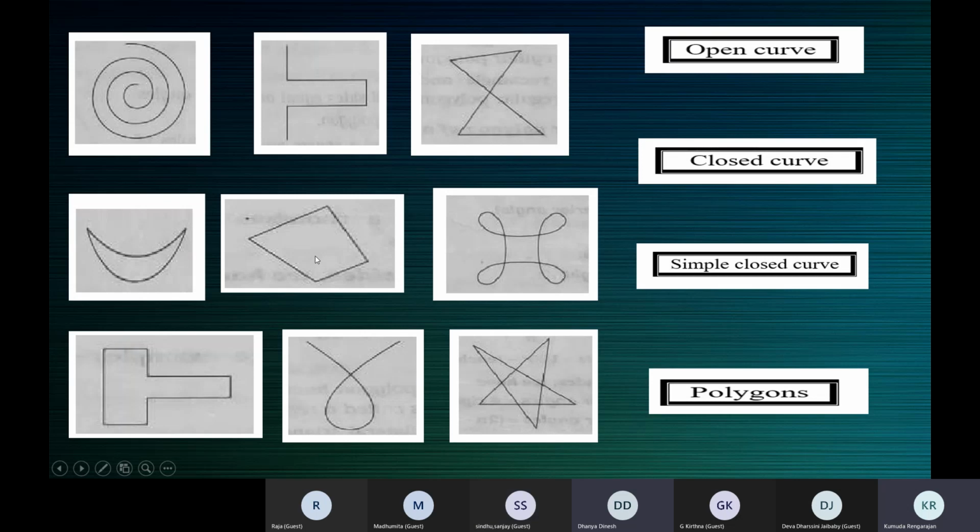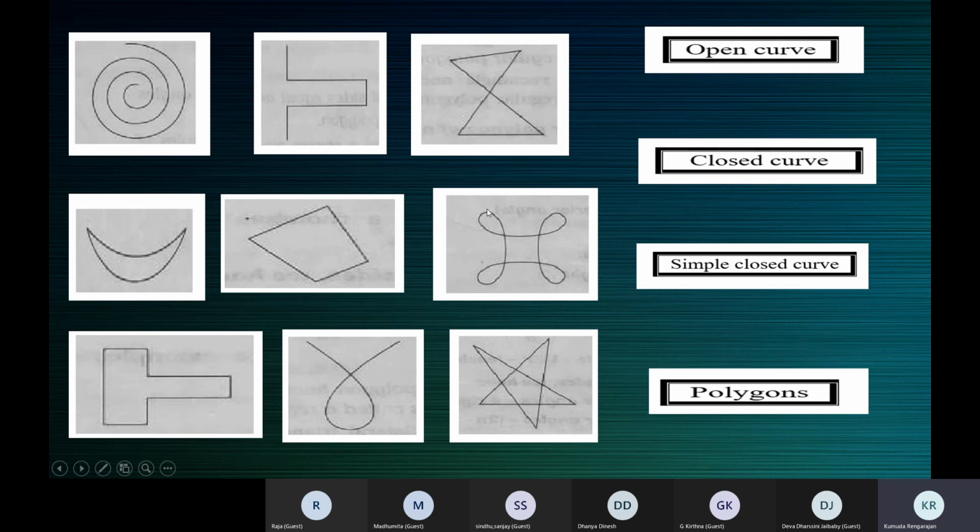Polygon, ma'am. It's a polygon. And how many sides does this polygon have? 4 sides, ma'am. So what is the special name that you can give to this polygon? Quadrilateral. Yeah, quadrilateral. Okay, fine. The next one.